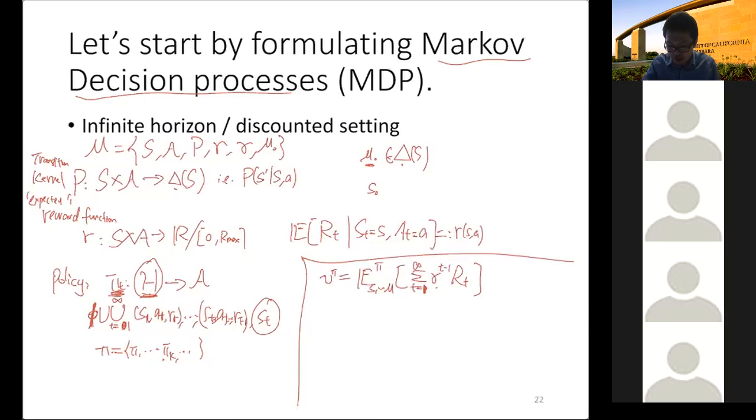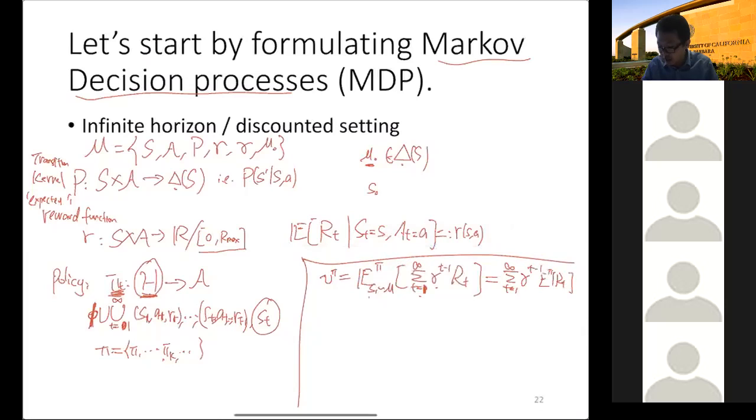Since we assume that this expected reward function R is bounded, and under a weak regularity condition, we can exchange the order of the expectation and summation. So this is the same as the sum of gamma to the t minus 1 times the expected value of r_t.